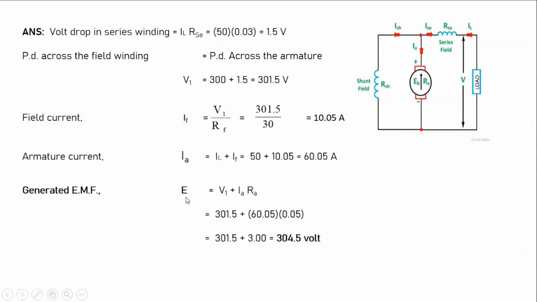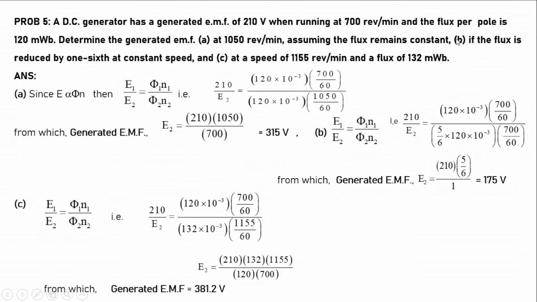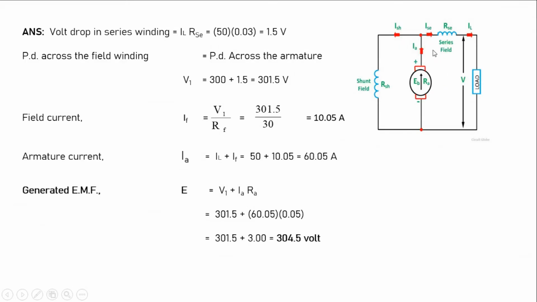Now what is the generated EMF in a generator? Generated EMF EG is equal to V plus IRA. This V plus IRA will give the total generated EMF. That is the general formula. But here V is our V1, which is 300 plus the voltage drop across the series field.